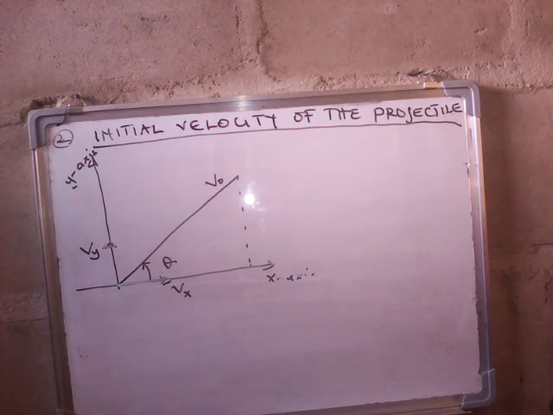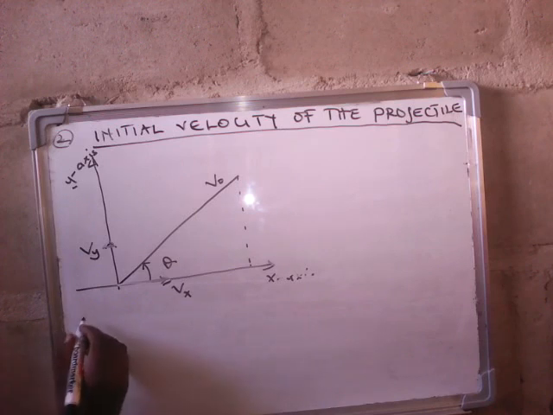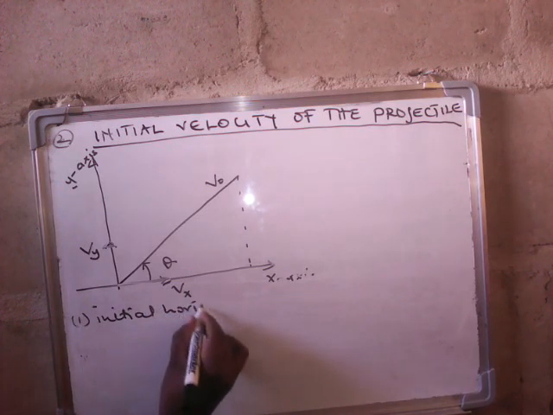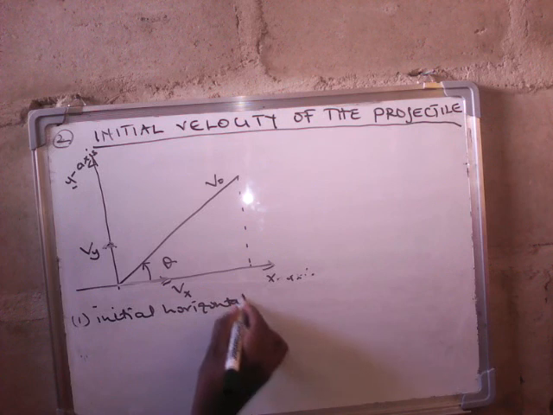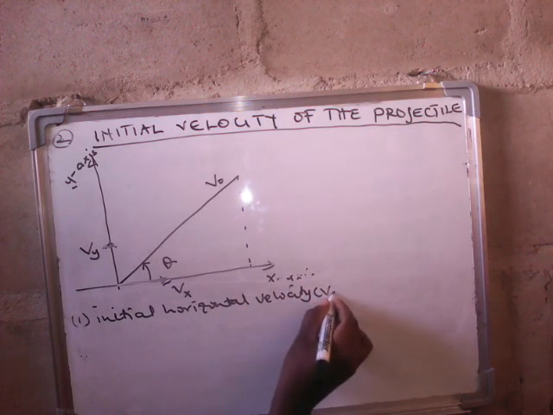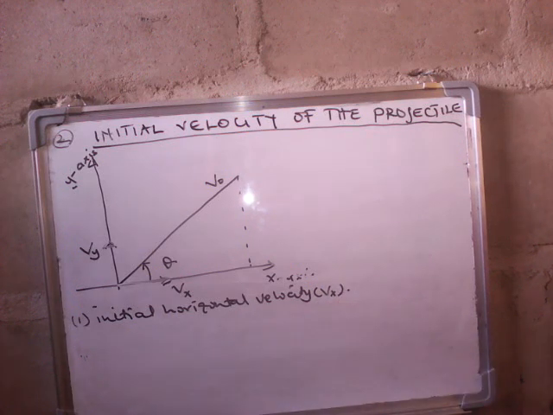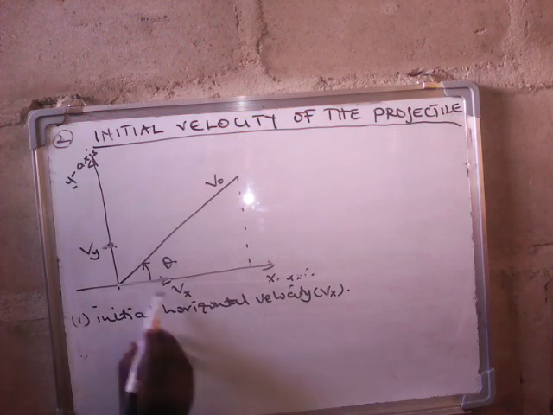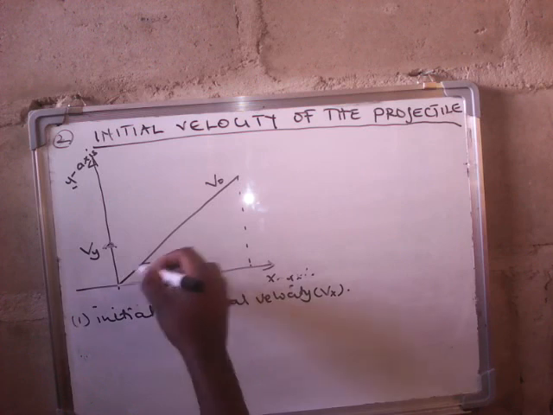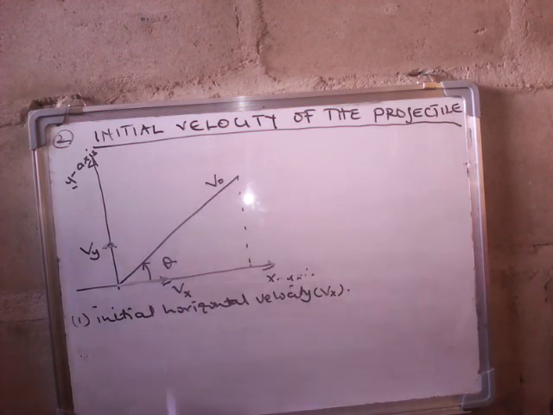For example, if we need the initial horizontal velocity, which is our Vx, then we need to get Vx, which is on the horizontal, in relation with this hypotenuse, which is v naught.